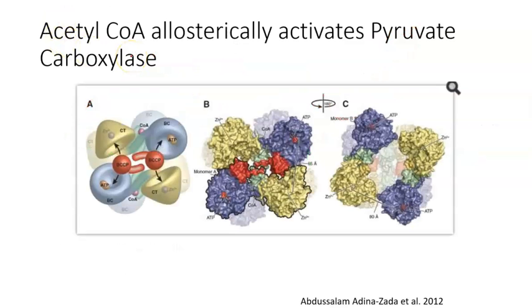I just wanted to show you also some of the cooperativity of some of these enzymes and what they look like. This is the BCC shown here in red on the left side of this image. This is actually the biotin carboxyl carrier protein, or BCCP. You can see it fits in here on the pyruvate carboxylase, and there's this cooperative binding that it fits into.